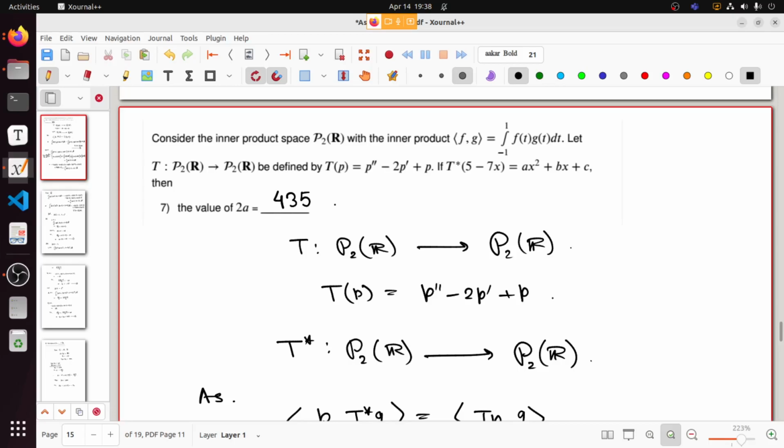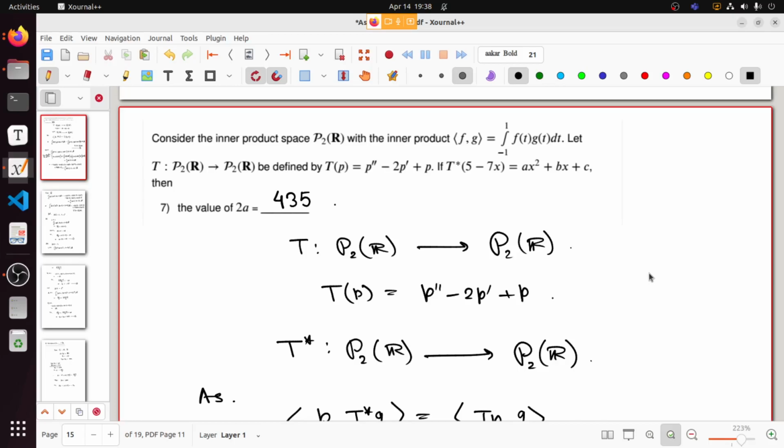Similarly put p(t) equals t square, you get the matrix of T, right? Did you understand what I have just said? Yes. Just apply the basis of P2 under T, you will get the matrix representation of T, then find the adjoint of T under this inner product, right?